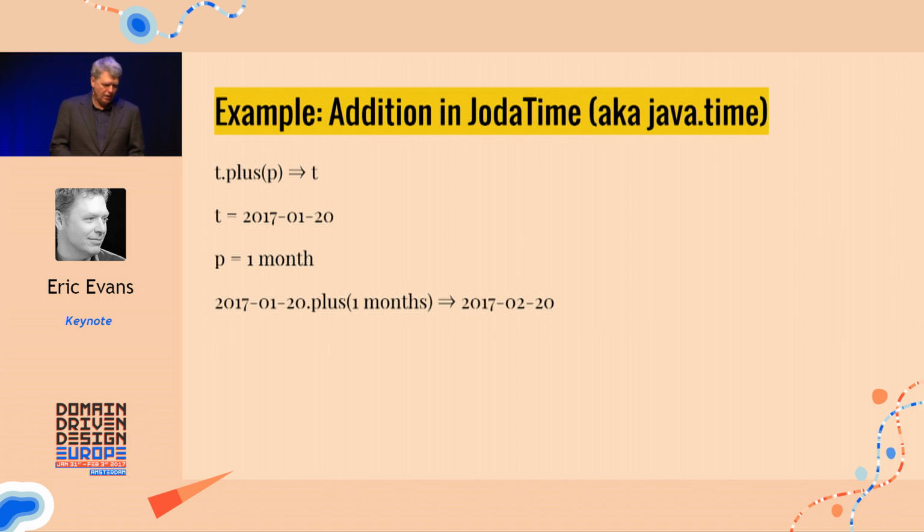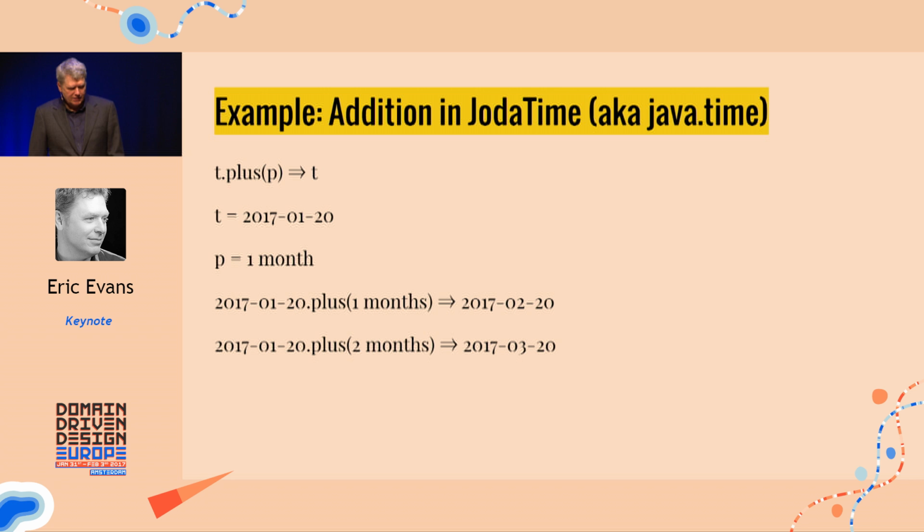You can say 2017, January 20th, plus 1 month is February 20th, right? So there you go. That's a nice, clear thing. And you can say plus 2 months, and you'll get March 20th.